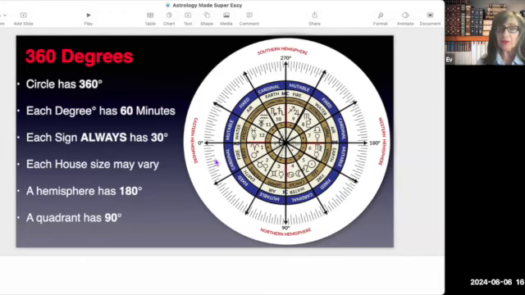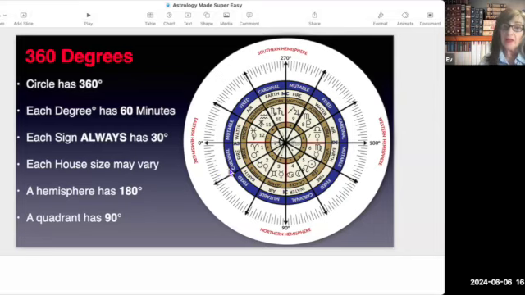So in astrology, we have houses that are divided up in 12. In each house, you have a sign, and there are 12 signs, and they're all in here in the gold inner circle. Each sign is divided into 2 building blocks, a modality, which is in the navy blue circle, cardinal, fixed, or mutable, and it goes around cardinal, fixed, mutable, cardinal, fixed, mutable, cardinal, fixed, mutable.